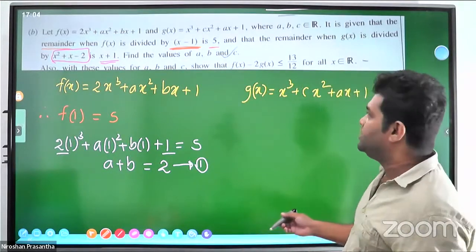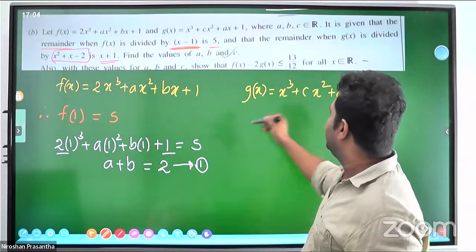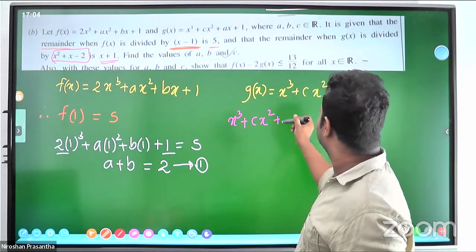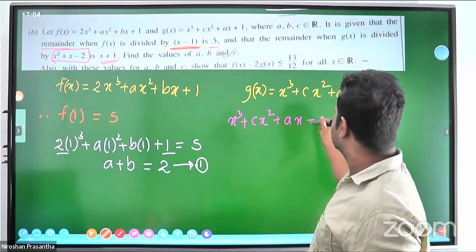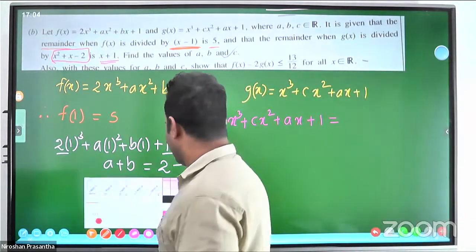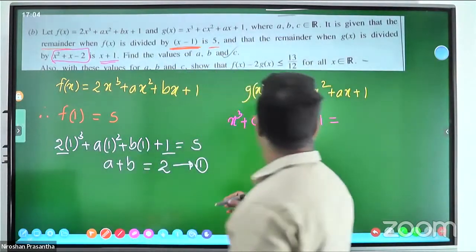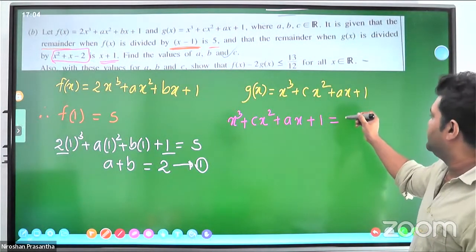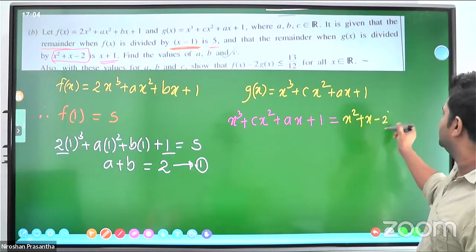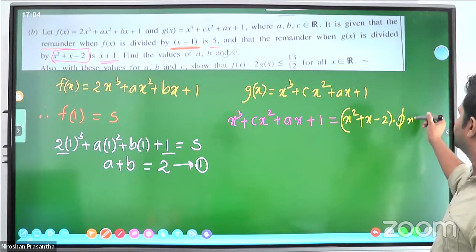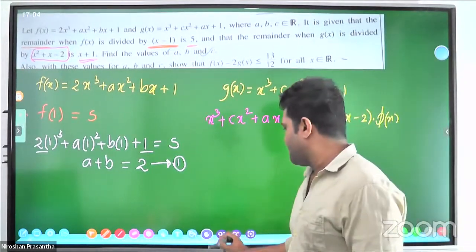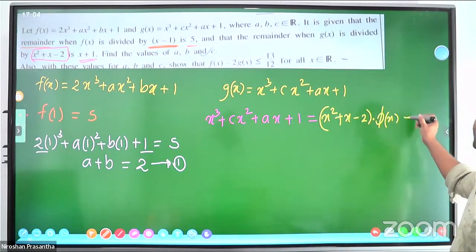Then we must write down that g(x), you know, x cubed plus cx squared plus ax plus 1, equal to (x squared plus x minus 2) times something, plus x plus 1.